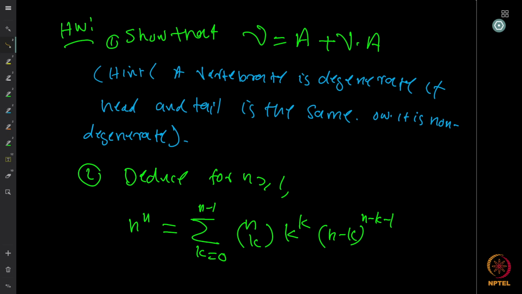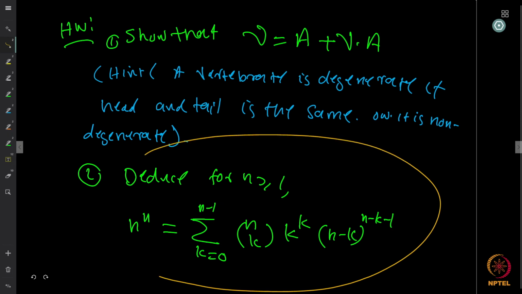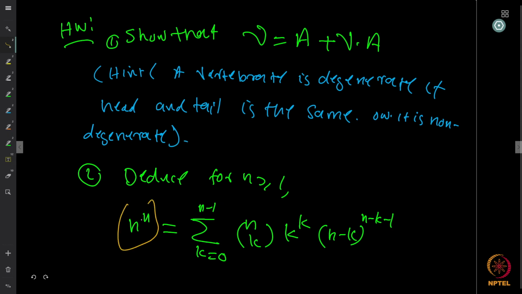Then deduce the following: for n greater than or equal to 1, n power n is equal to the summation over k from 0 to n minus 1 of n choose k times k raised to k times n minus k whole raised to n minus k minus 1.